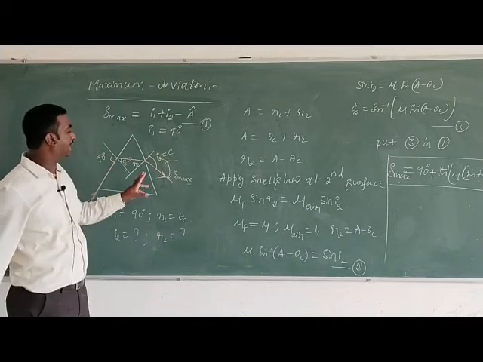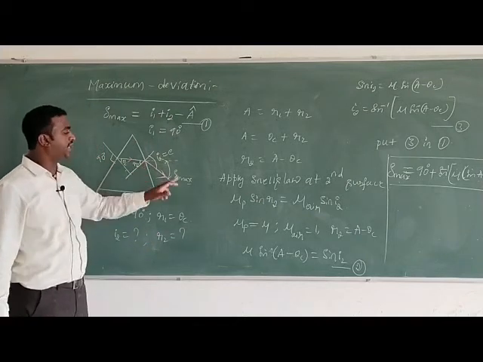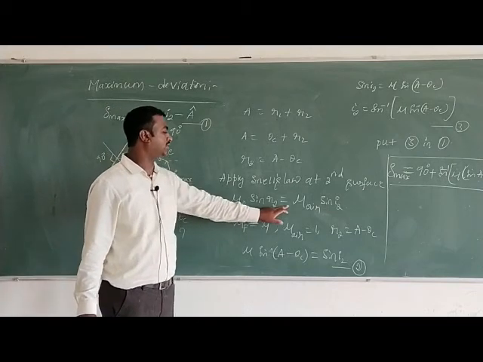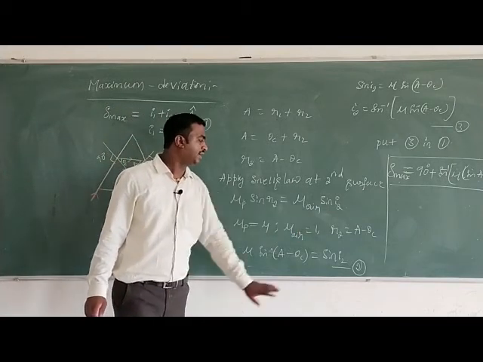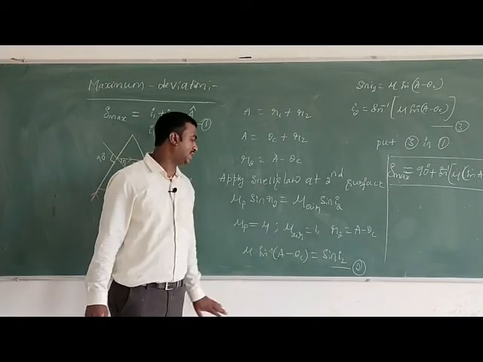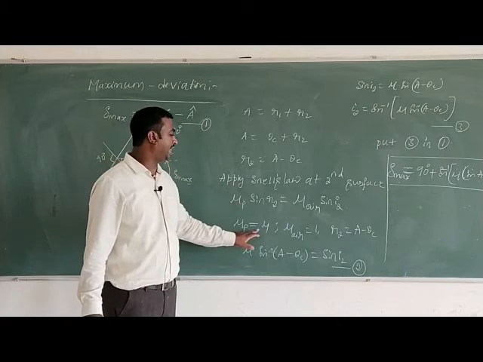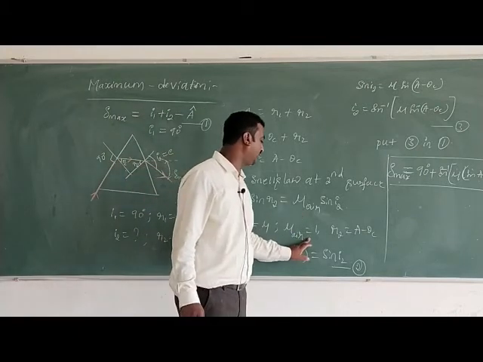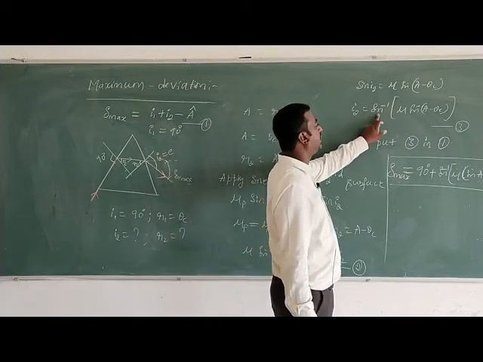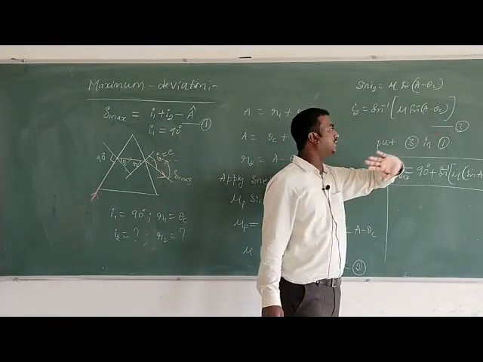Next, to find I2, at the second surface you implement Snell's law. Refractive index of prism times sin of R2 is equal to refractive index of air medium times sin of I2. If R2 is equal to A minus theta c, refractive index of prism is taken as mu, and refractive index of air medium is 1, so this equation reduces to I2 is equal to sin inverse of mu of sin of A minus theta c.